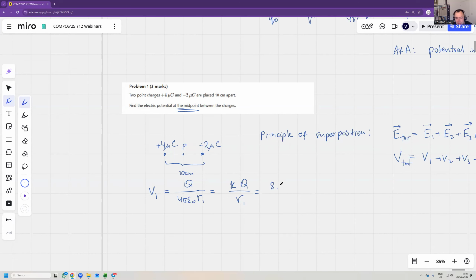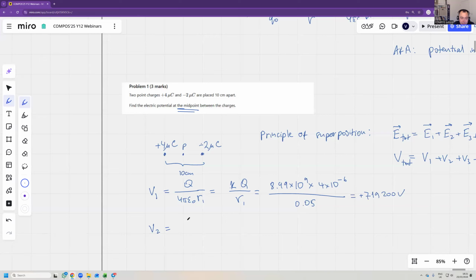K is 8.99 times 10 to the 9, times 4 times 10 to the negative 6, divided by R, which is 0.05 meters. So that's plus 719,200 volts. That's the potential at P from the first charge.